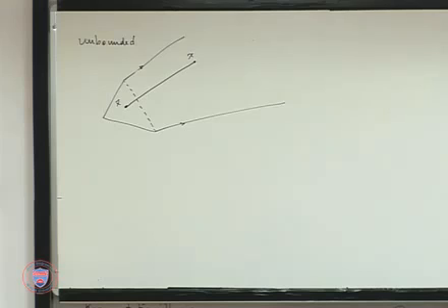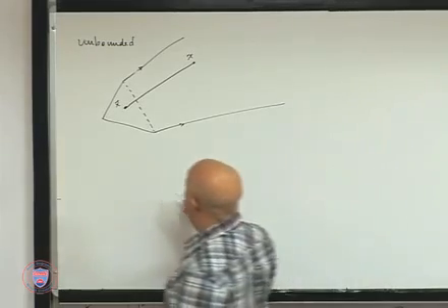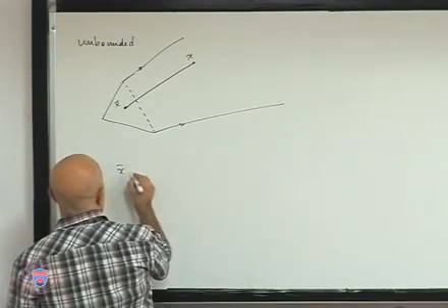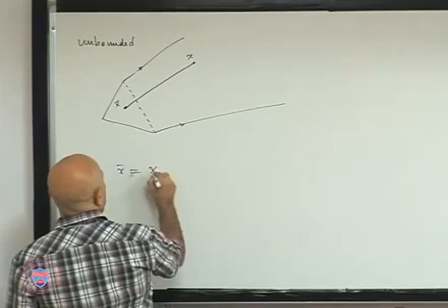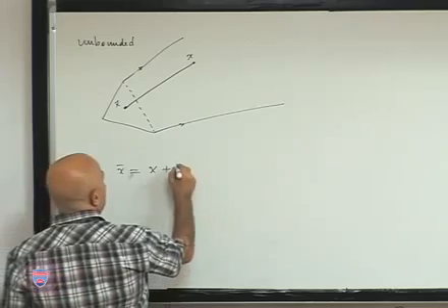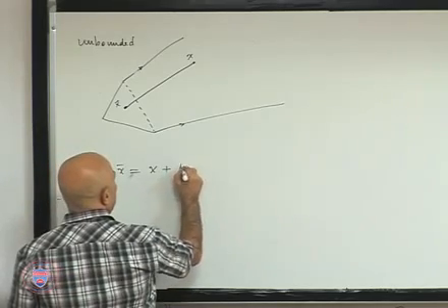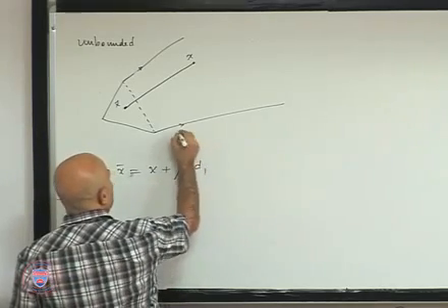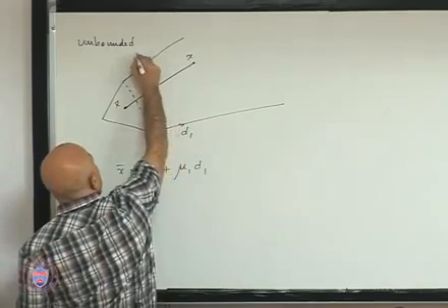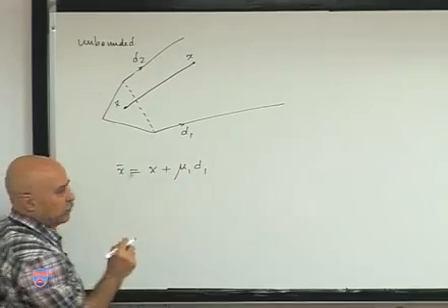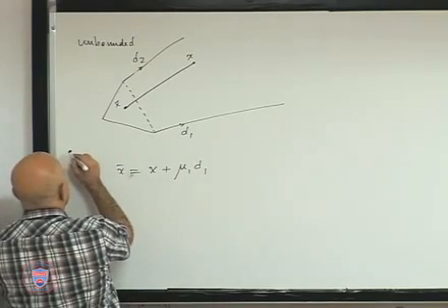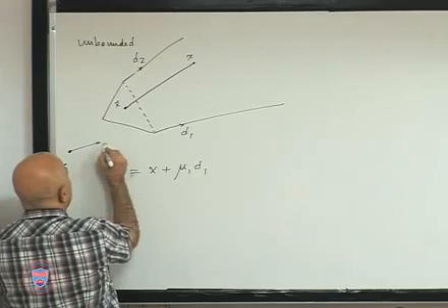So let me see. So you're expressing X bar as an old point plus, say, some mu1 times the first direction. In this case, we've got two directions. Of course, these directions are situated at the origin, okay? So remember that. So the origin is somewhere here. There's D1 here.